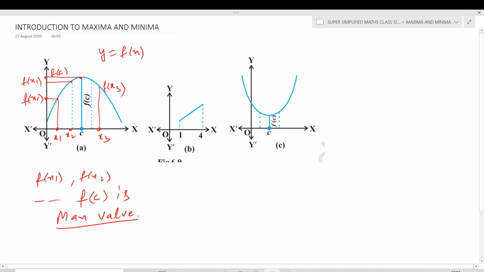This maximum value you are getting at the point x equal to c. So x equal to c is called the point of maxima, and the value of the function at this point, f(c), is called the maximum value of the function.